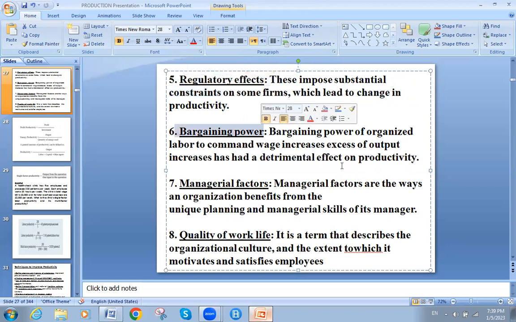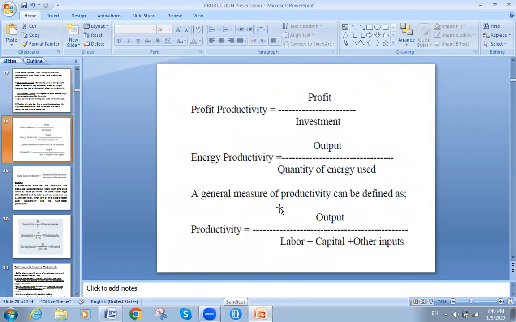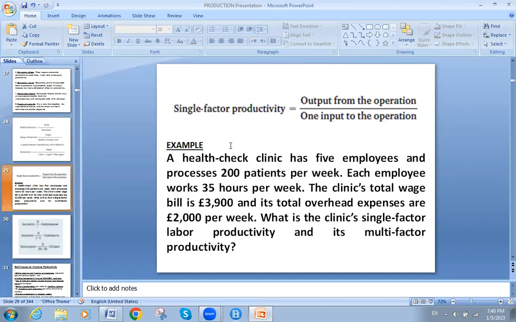The bargaining power of the labor, because if we increase the wages, the wages are inputs. If you see here, the labor cost is inputs. So if you increase these labor costs, logically, the whole productivity will go down, will be reduced.